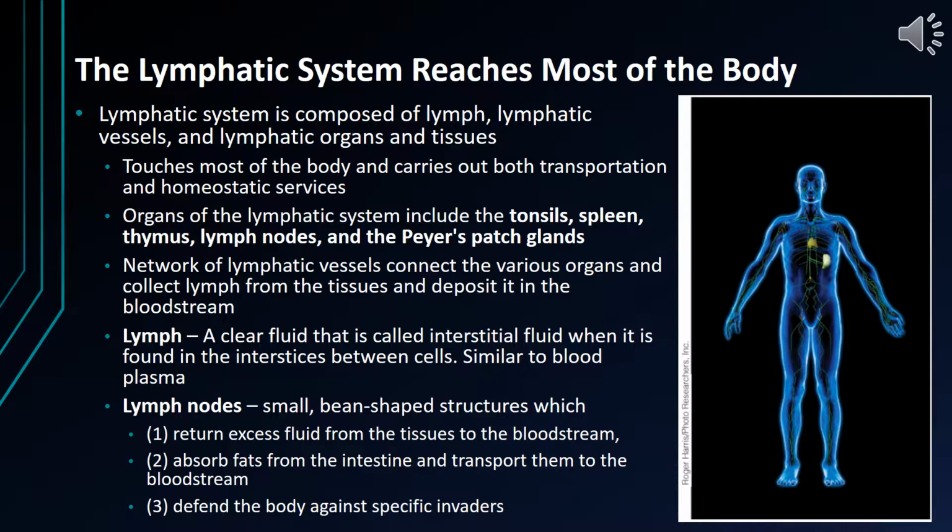They also absorb fats from the intestines and transport those to the bloodstream, which is why lymph appears white and not clear, because it's full of lipids. Also, lymph nodes help to defend the body against specific invaders by releasing the various leukocytes involved with specific immunity.